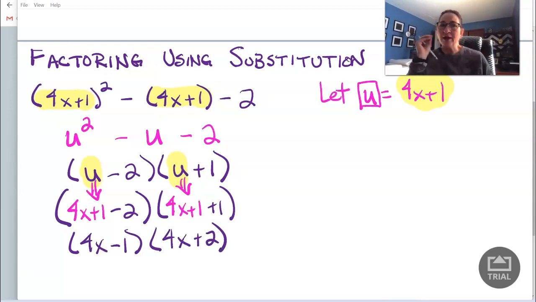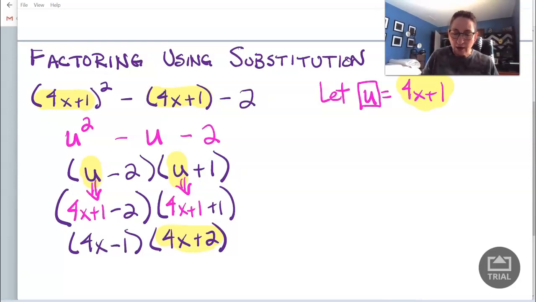Okay, normally I would say you're done, but you really need to take 5 seconds and look at that final problem. Look at that final factoring. Can you take out a greatest common factor from either binomial? The answer is yes, okay? This second binomial has a greatest common factor of 2. So I'm going to take that out first.